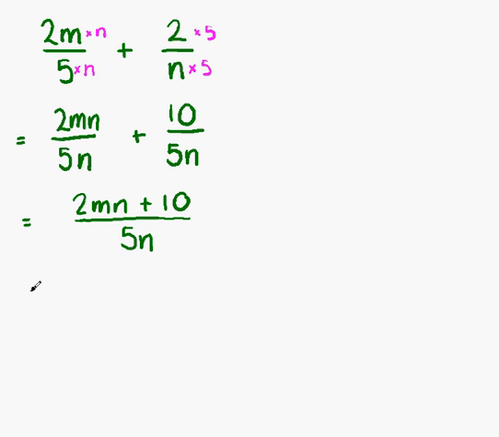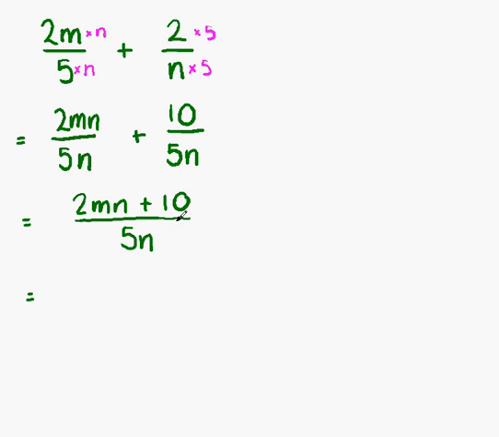Often what we can do is factorize, and sometimes we can get something that can cancel. So looking at the top line, we could factorize that, so we'll give it a go. We might get an answer which can cancel with something on the bottom, we might not, but we should try it anyway. 2mn plus 10.